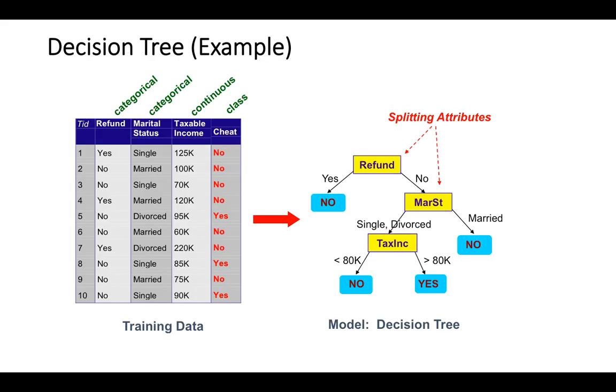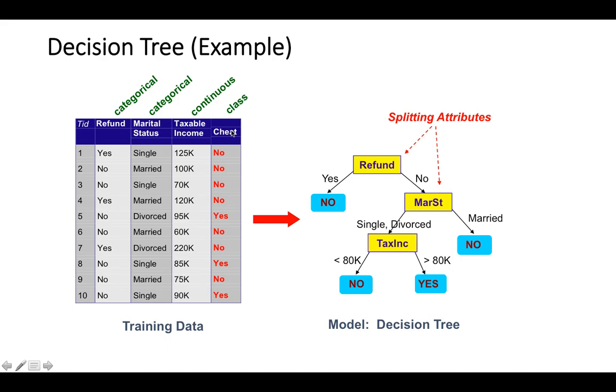machine learning. So for instance, this is a classic example of a decision tree. You have these attributes, you have a data set, and then you have an attribute here which says if the tax is refunded, that is, if the money is refunded. That's the attribute here, and the marital status of the person, whether he or she is single or married, and you also have the taxable income, and then you classify whether the person is a cheat or not.